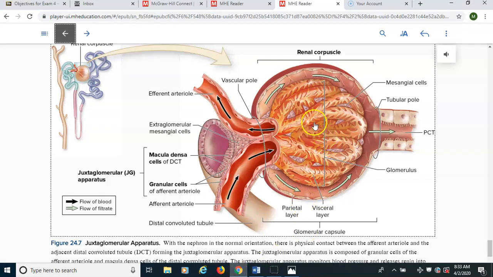So you can see the glomerular capillaries that are each one of these loops here. And you can see a little bit easier there, what's in the wall. So just like a little one cell endothelial layer.